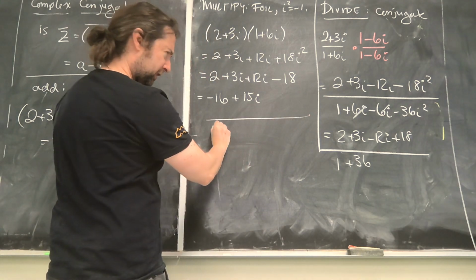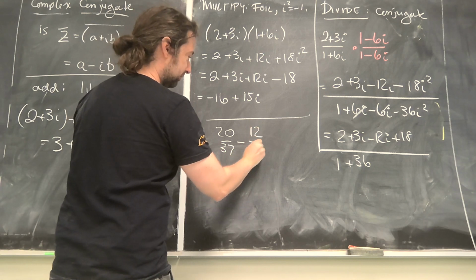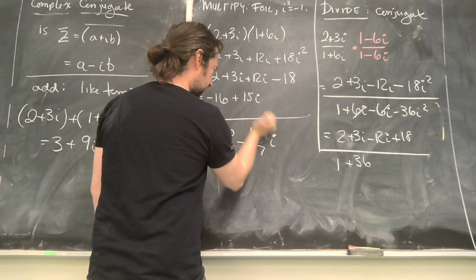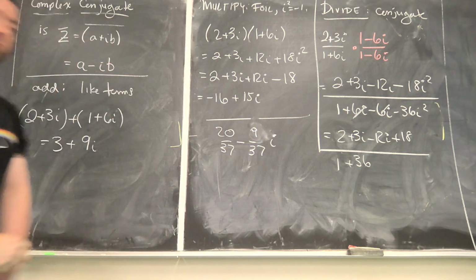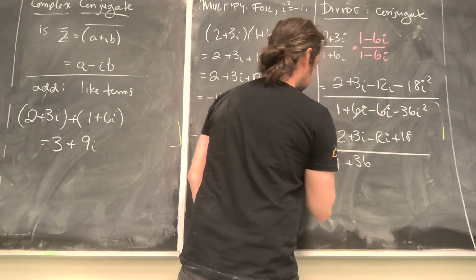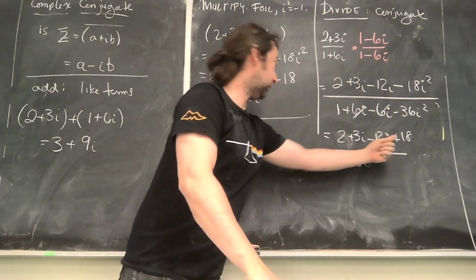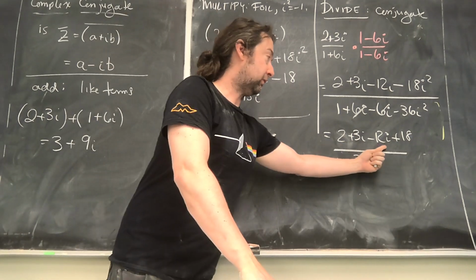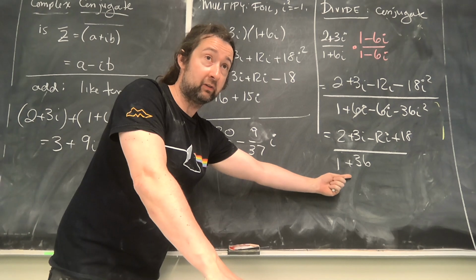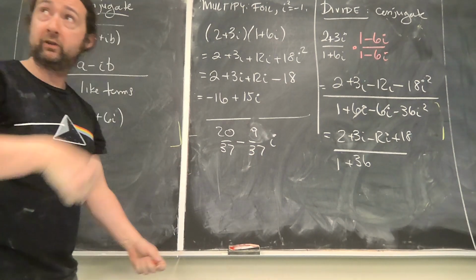So what do I get? 20 over 37 minus 9 over 37 i. Sorry, I shouldn't have cut this box off like that. I just mean this. So 2 plus 18 is 20. Negative 12 plus 3 is negative 9. Now there's just a real number on the bottom. It's just 37, so I can split the fraction up into the first piece and the second piece. And now it's of the form a plus ib.